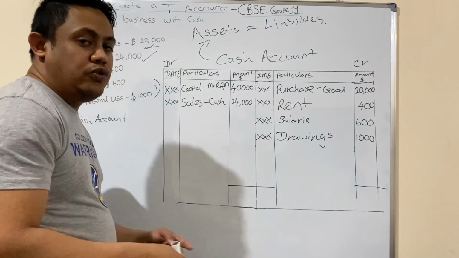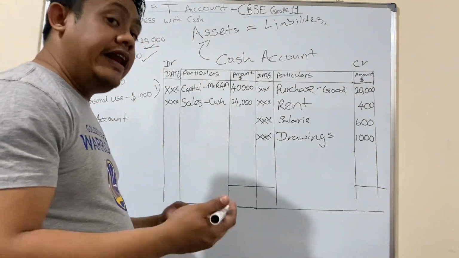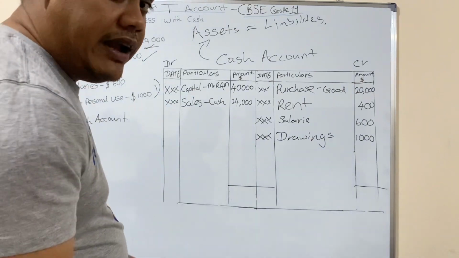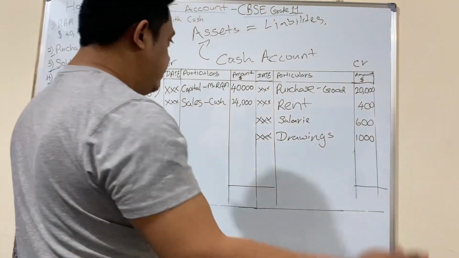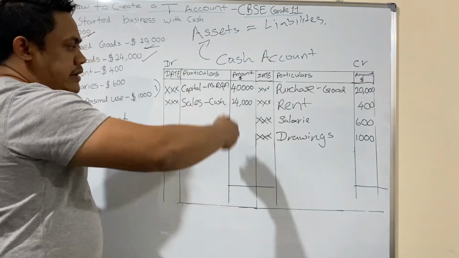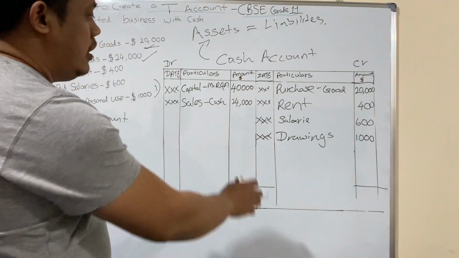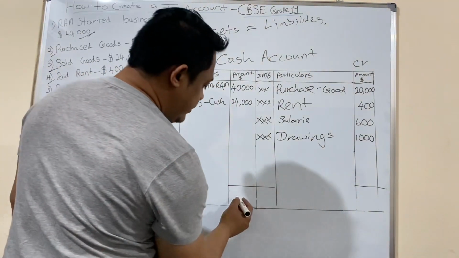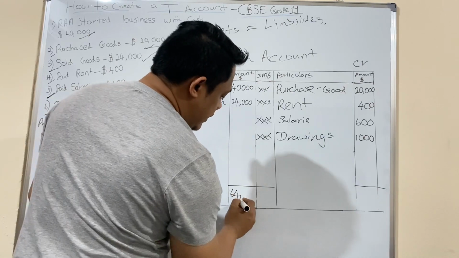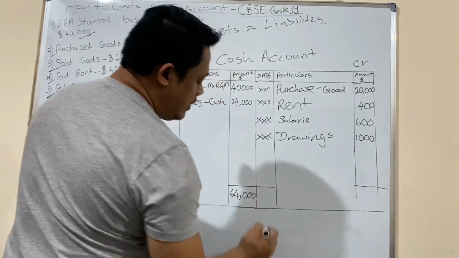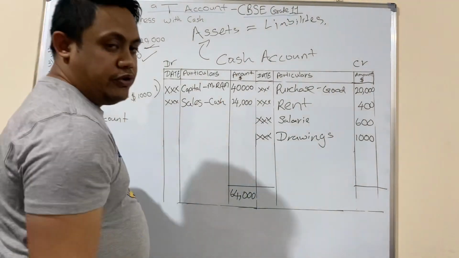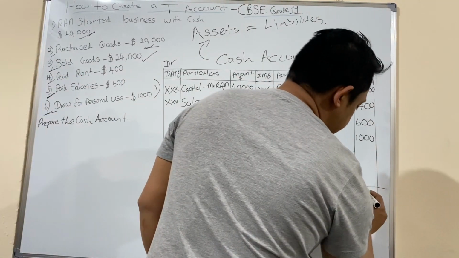You will get stuck paying utility bills like electricity, water, mobile bills, etc. So every time it should be a debit balance. So you can see 40,000, 24,000, 64,000. So on this side also we put 64,000 on the credit side.